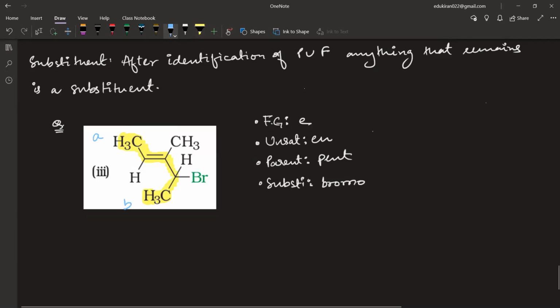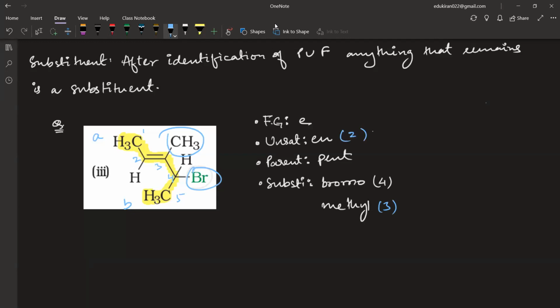A. 1 2 3 4 5. So bromo will be 4. We have one more, methyl, the other thing remaining after identification of PUFF. Methyl is on the third carbon and ene is on the second carbon.